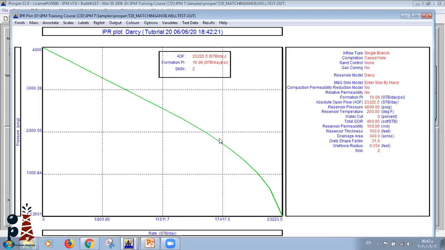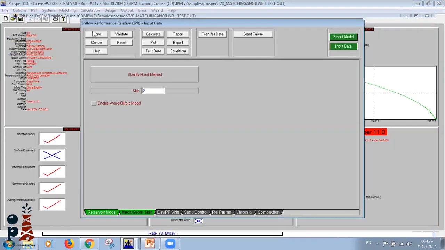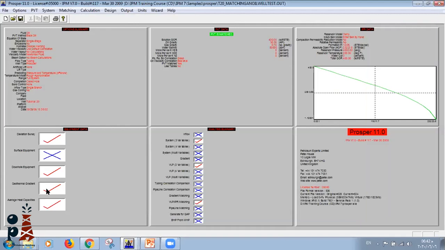So now I have the IPR of the well, which defines the productivity of it. And then I enter the deviation survey, the downhole equipment, geothermal gradient, and all required data. So I have the VLB curve.